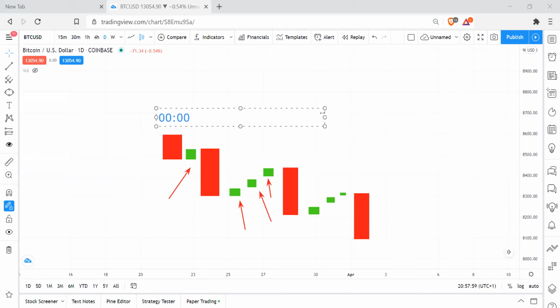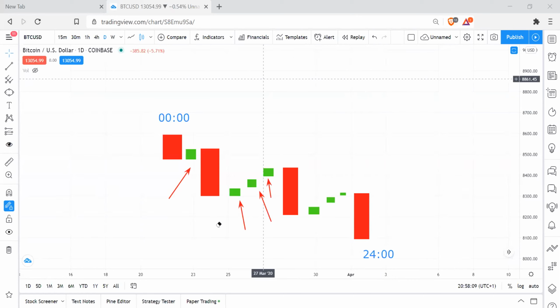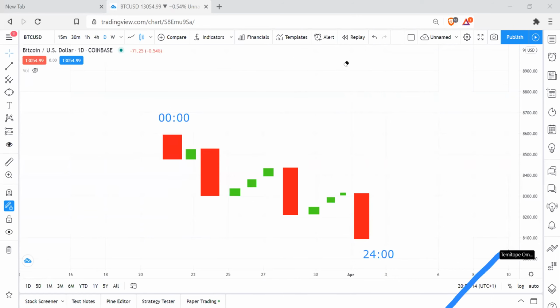This was started off up here at 8,006. And then by the close of the day at 2400 hours, this is where we are. So note that it took 12 candlesticks on the 2 hour time frame. But now, how would this information be represented on a single daily candle?